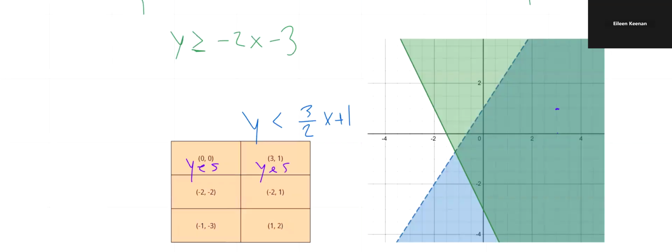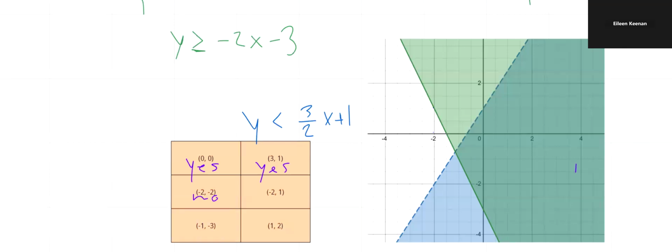All right, now let's take a look at the point -2, -2. Right here. Is this part of our solution? Is that within our boundaries? Is that where the overlapping shaded region is? No, it's not even in the shaded region. So no. What about the point -2, 1?